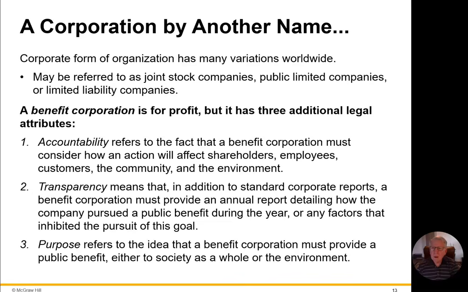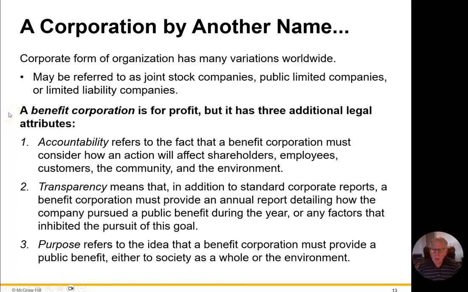Okay. So the corporate form has many variations worldwide. We sometimes call them limited or joint stock companies or public limited companies or limited liability companies. And the principle is the same, though.